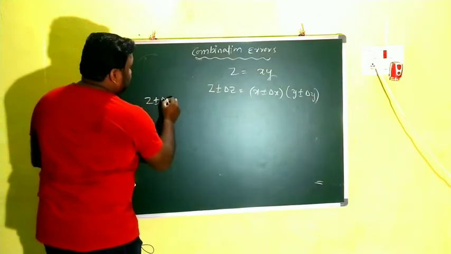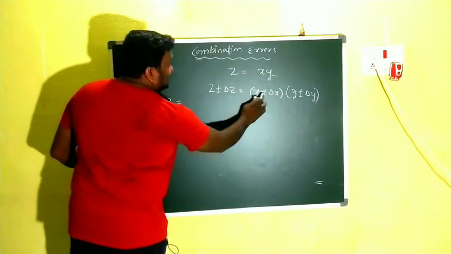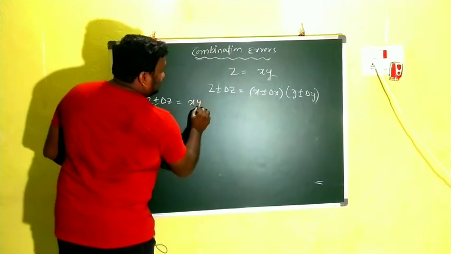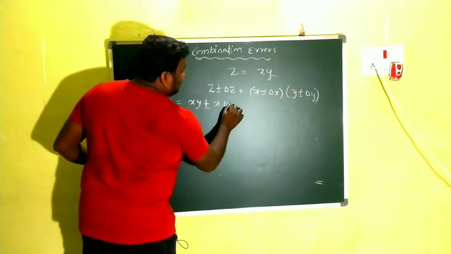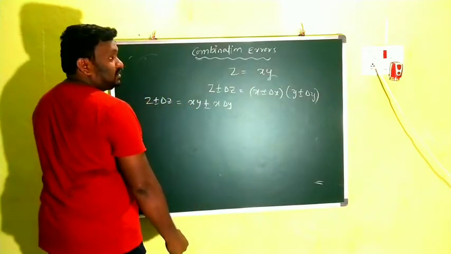Now go for multiplication, we are going to simplification. X into Y, XY, plus or minus X into delta Y. Clear?